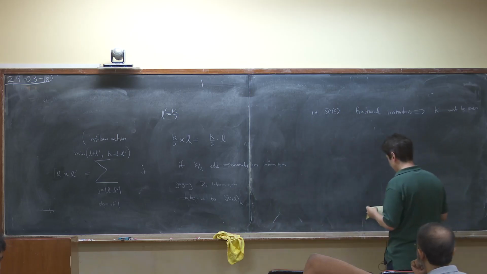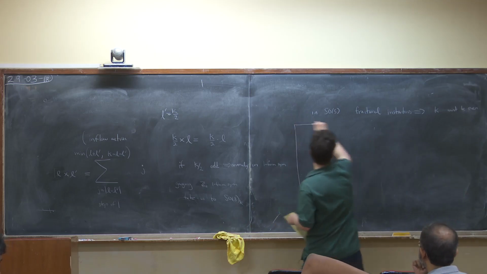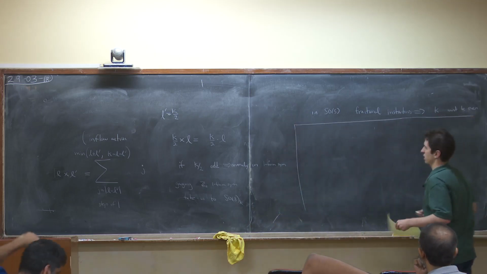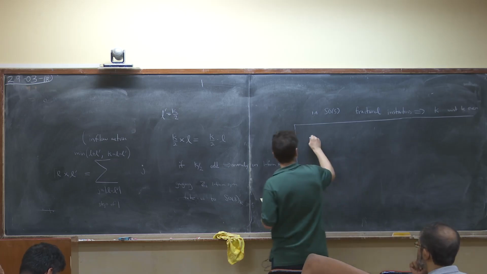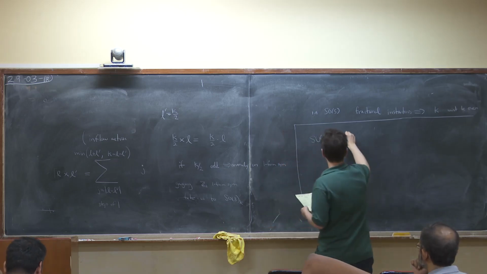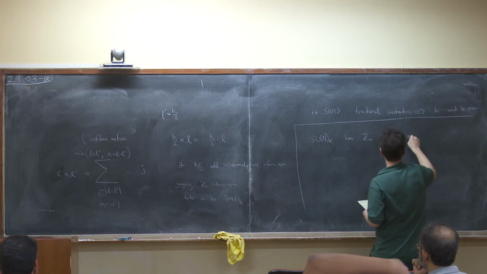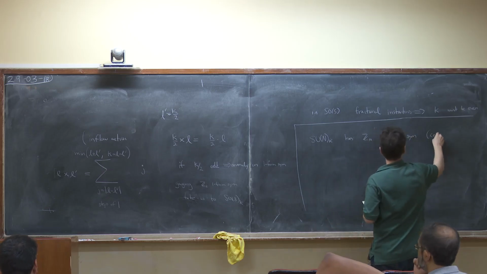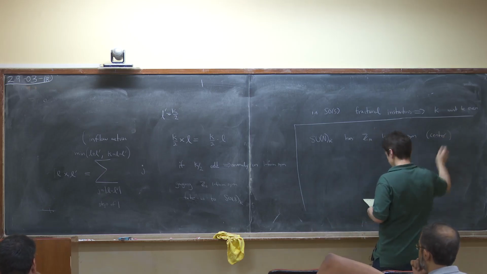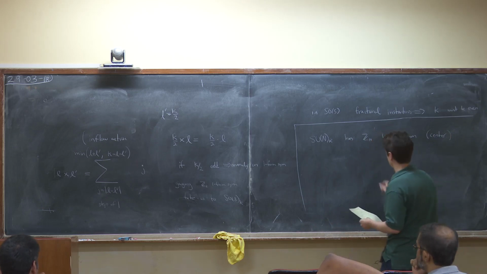Okay, good. So let's now do some brief comments about the SU(N) generalization. SU(N) level K again has a Z_N one-form symmetry, again associated to the center. And it's easy to say what the representations are.